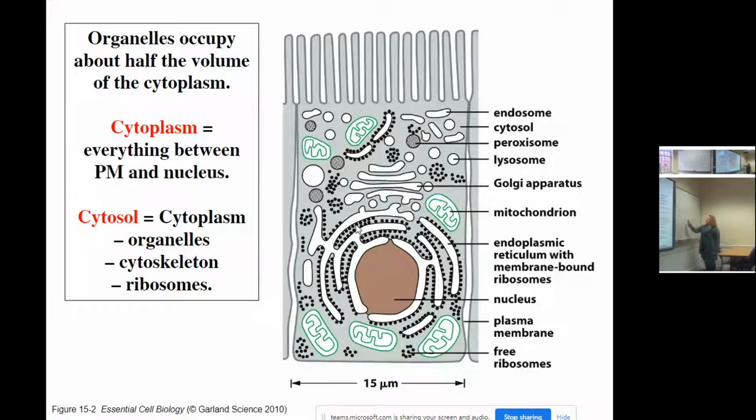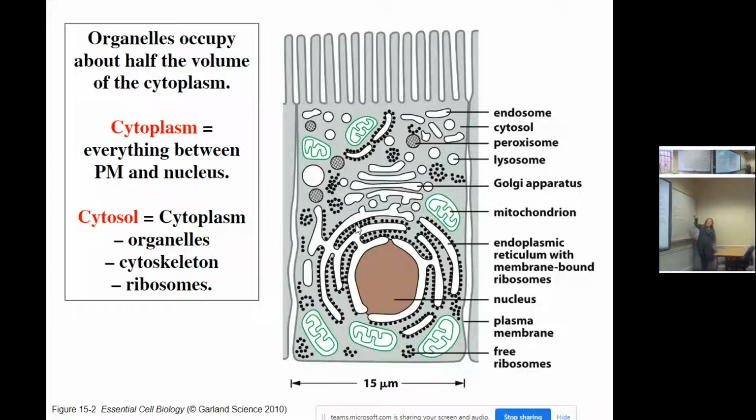That's going to include sugars, organic chemicals, ions, ATP, all kinds of small molecules.